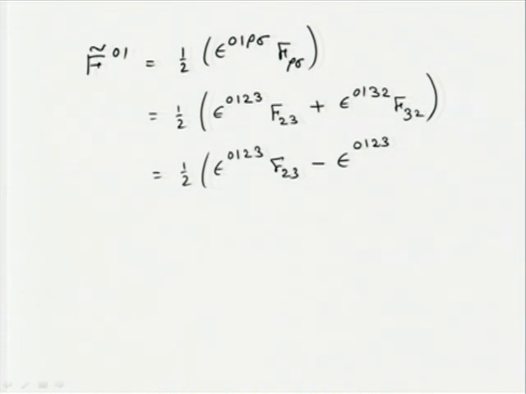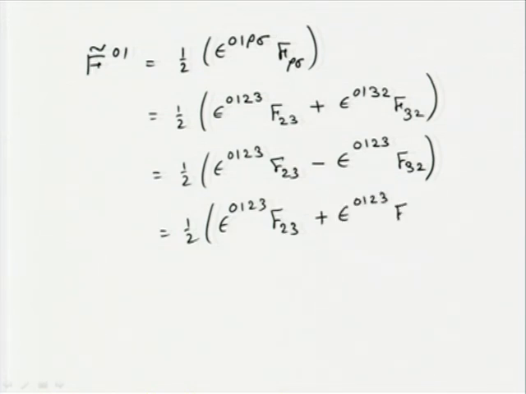If I interchange 3 and 2 in epsilon, it picks up a minus sign, so that is minus epsilon 0 1 2 3 F 3 2. Changing F 3 2 to F 2 3 picks up another minus sign, making it plus epsilon 0 1 2 3 F 2 3.